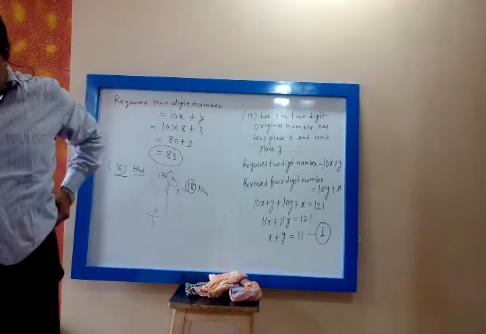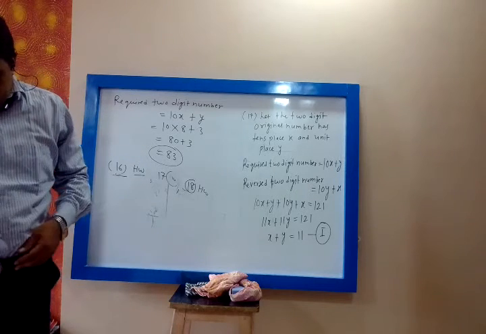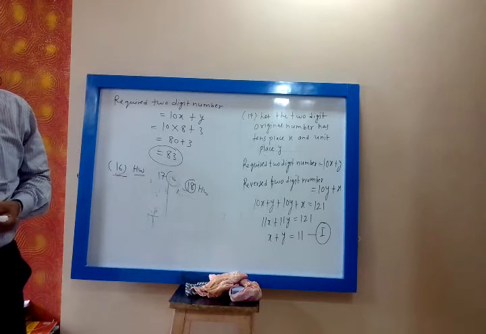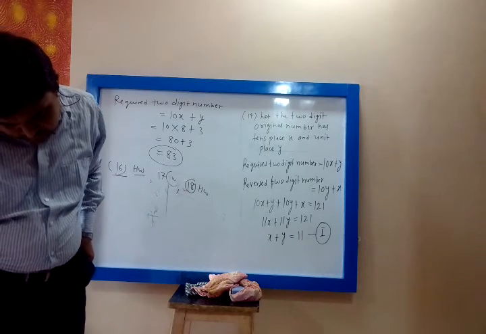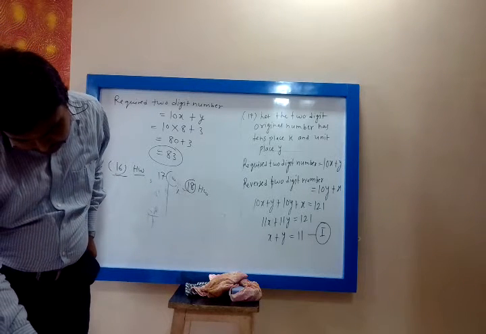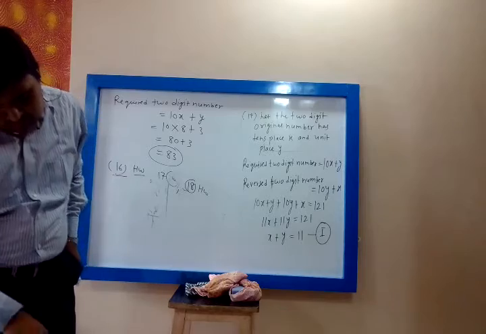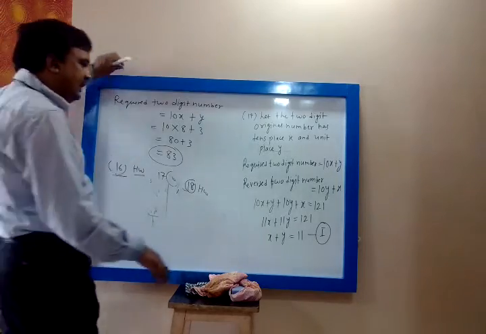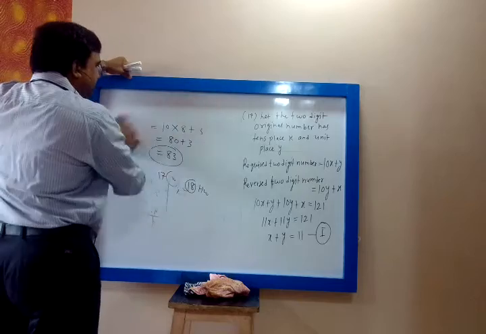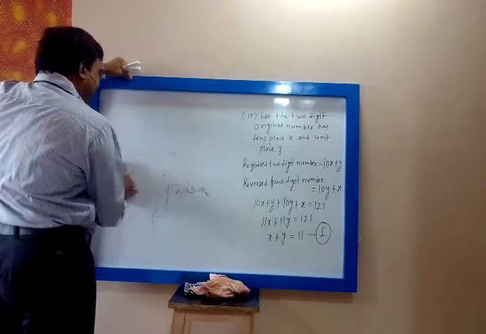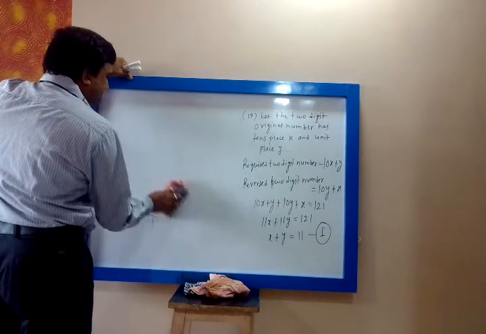Okay. Then what is given? If the difference between the digits is 4, find the number. The difference between the digits is 4. Find the number.